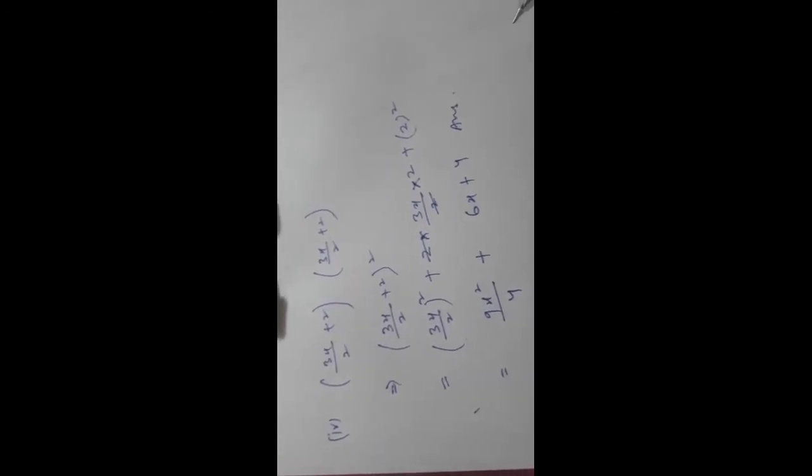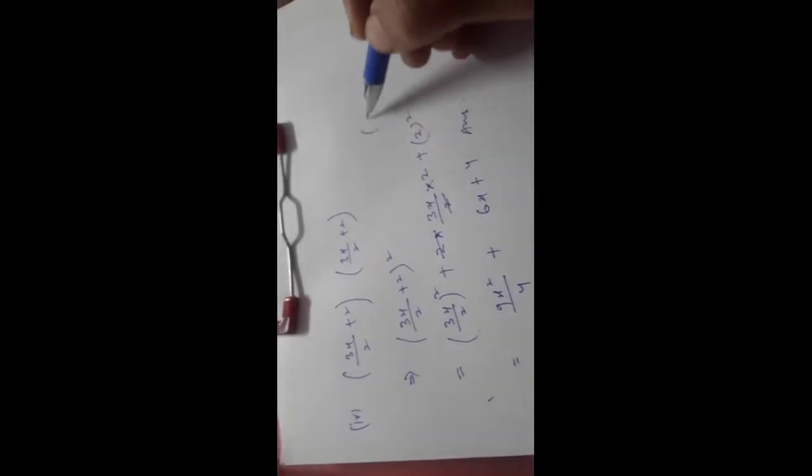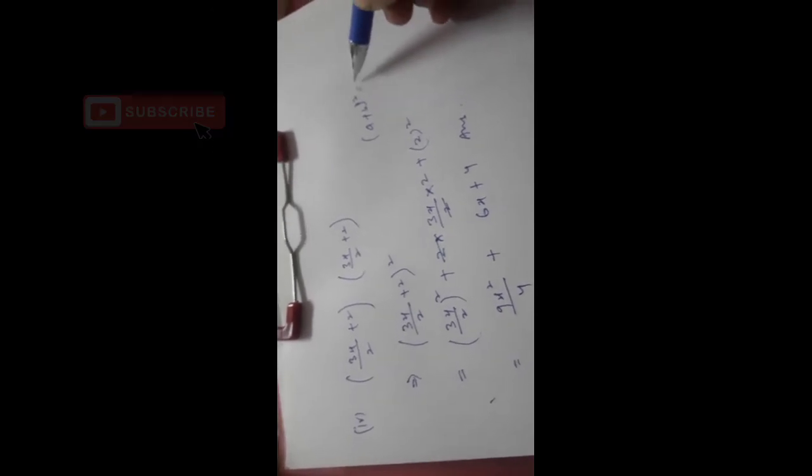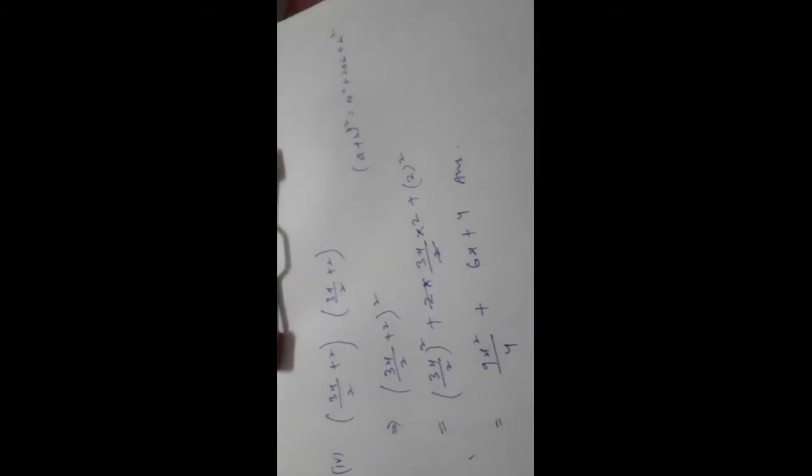And what identity have we used? We have used a plus b whole square, which is equal to a square plus 2ab plus b square.